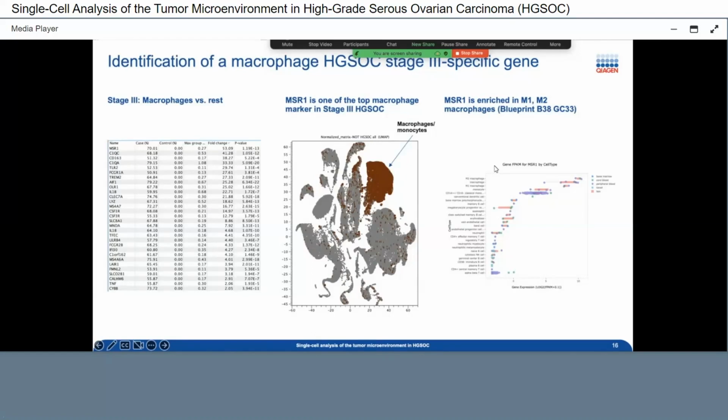And as you can tell, it's a confirmation, and it reveals the M2 and M1 macrophages. Basically, macrophages are the ones that express the most MSR1 marker. So again, when you have processed the data, you have the expression profile, you know where it's located, you can get information based on other data sets, such as blueprint here, which comes from Land Explorer.